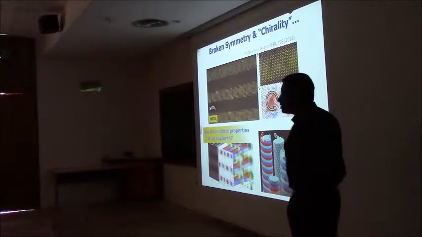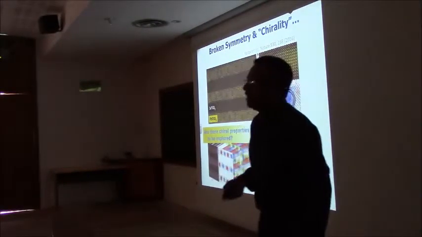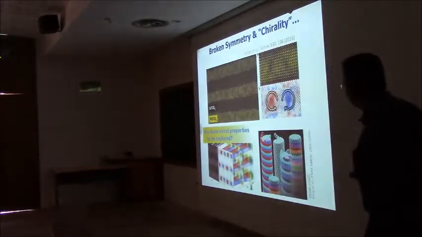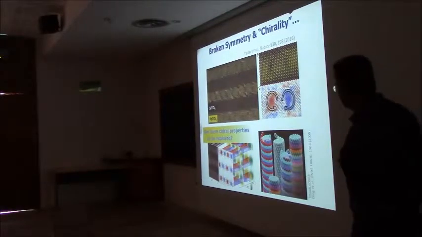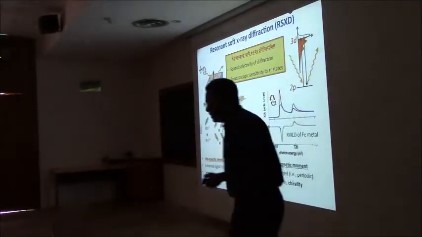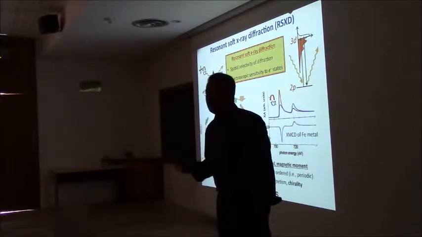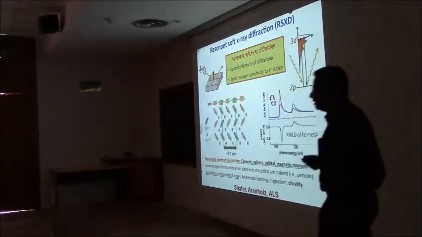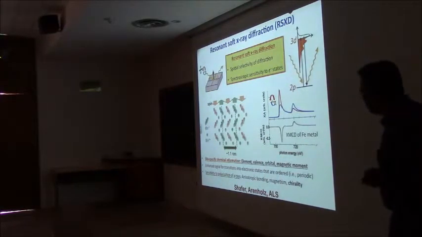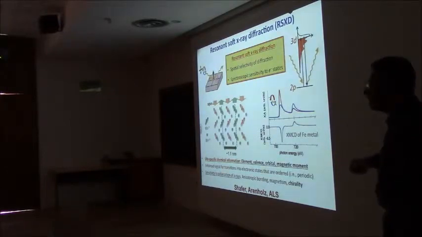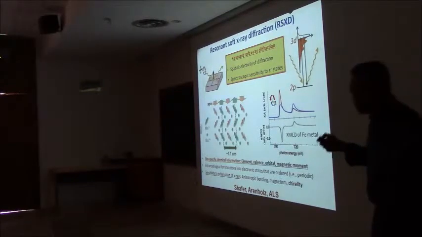Okay, anyway, so the question was, how do I look for chirality? How do I explain chirality, or possible chirality? The technique that we're using, and this is where the fantastic part comes in, is what X-ray guys can do, diffraction. This is a loaded slide, so I'm going to take you through one at a time. It is called resonant soft X-ray diffraction.